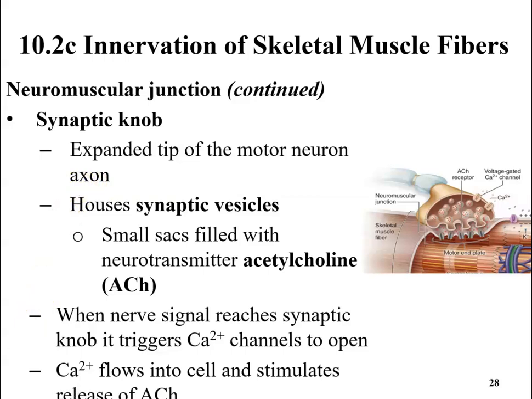Okay, so we said the synaptic knob is the expanded tip of the motor neuron axon, and it has the synaptic vesicles that are just sacs filled with the neurotransmitter acetylcholine, okay? When the nerve signal reaches the synaptic knob, calcium channels are going to open up, calcium is going to flow into the neuron, and that's going to be what stimulates the release of acetylcholine.